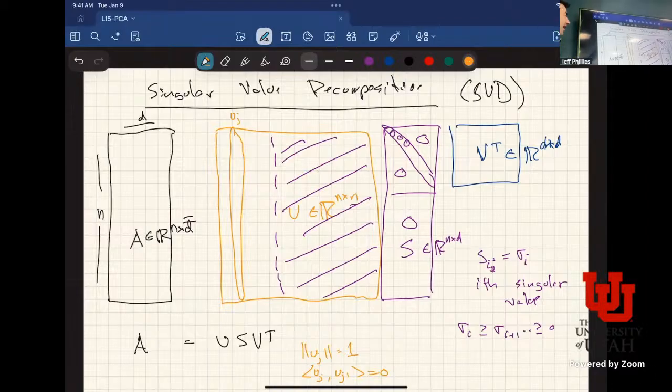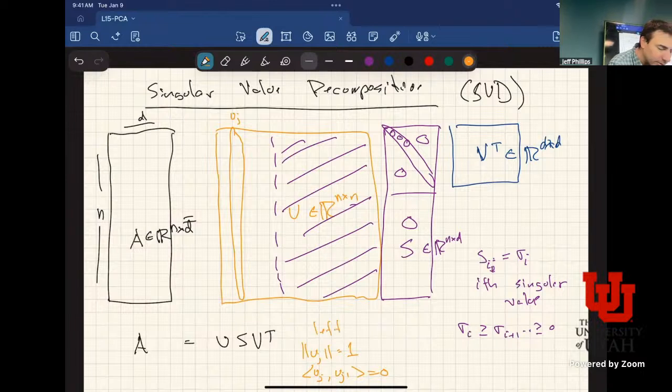So these columns are all orthogonal to each other, and they're all unit vectors. These aren't so intuitive what to do with yet. They're size n, n-dimensional vectors, so I can't think of them as directions in my d-dimensional space. But these are called the left singular vectors.